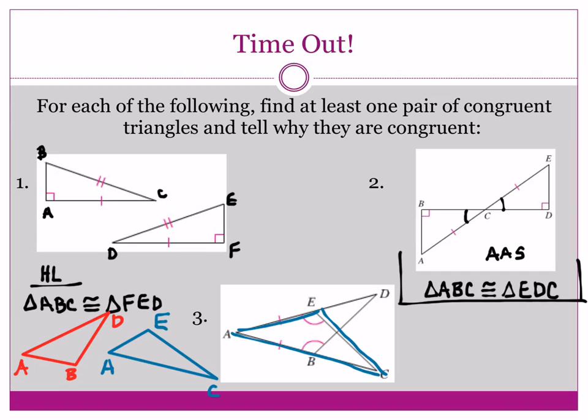So let's start with maybe something about an angle in here. What do we see? Angle B and angle E. And those are marked, right? So this one and this one are congruent.